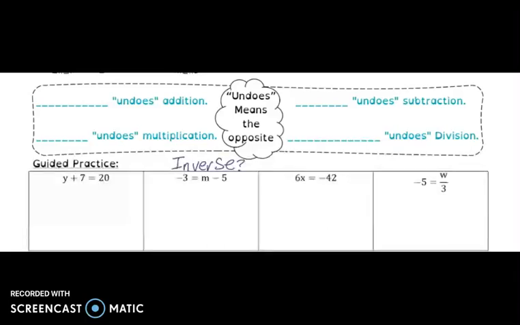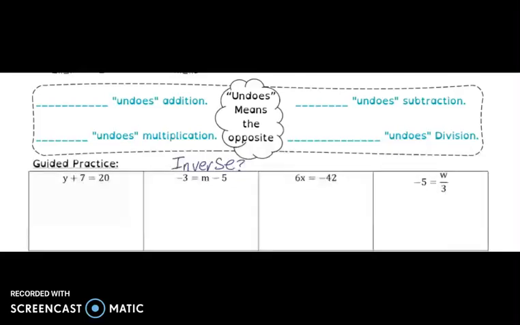If you recalled that the word inverse means to do the opposite, then you are 100% correct. If you did not, that's totally okay. That's why we're learning. So inverse just means the opposite of something. So the inverse of heads on a coin would be tails.